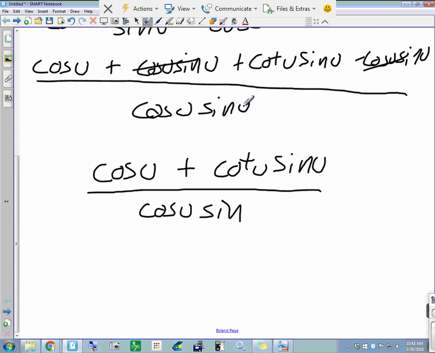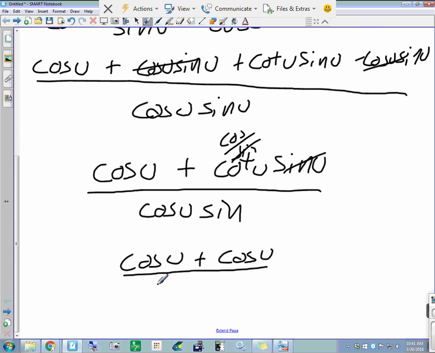Cosine over sine. So if this is really cosine over sine here, that would cancel with that, wouldn't it? So you're left with cosine u plus cosine u all over cosine u sine u.